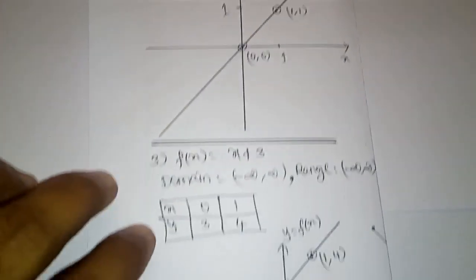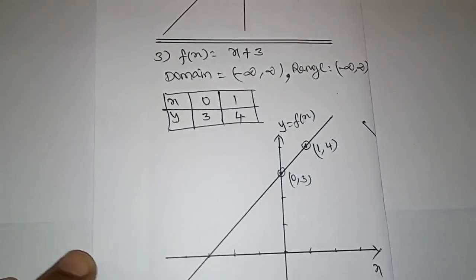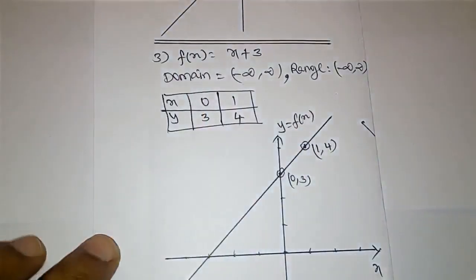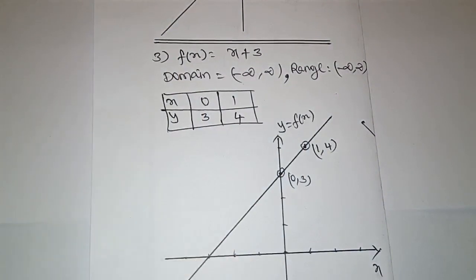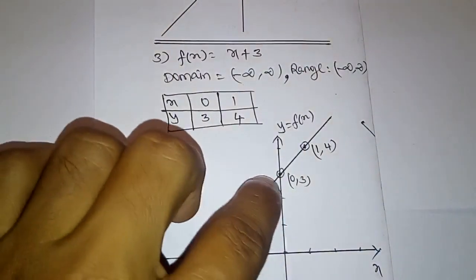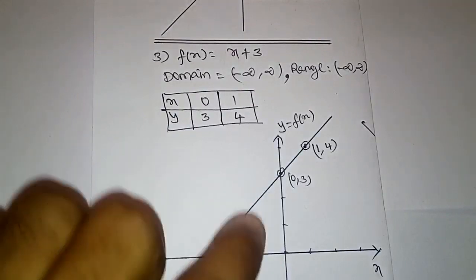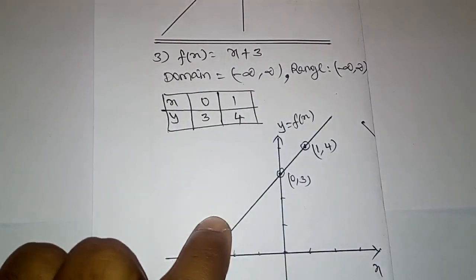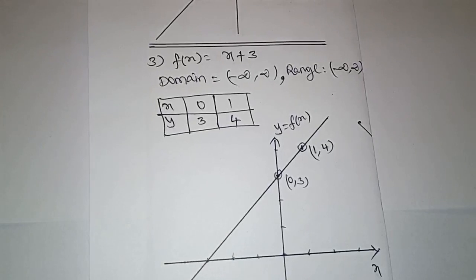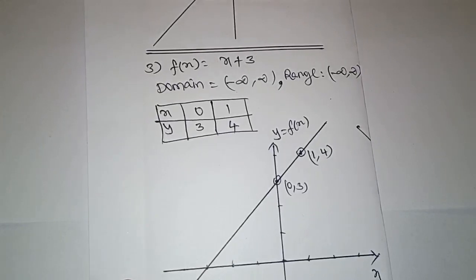Similarly, the graph of x plus 3 also makes 45 degrees with the x axis and 45 degrees with the y axis, but the position of the line is shifted. That is the difference between these two curves.